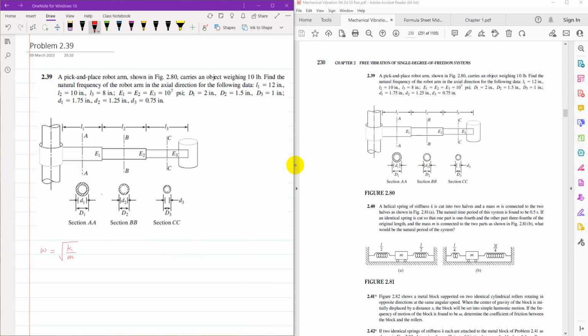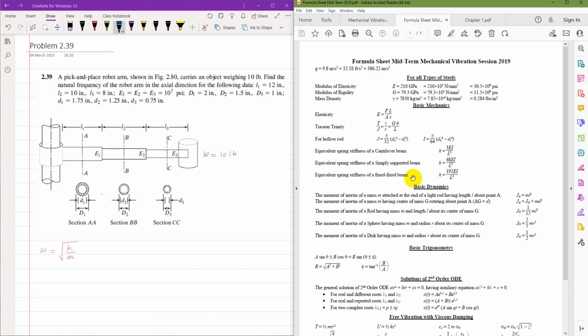The object's weight is 10 pounds. So from the weight, mass can be calculated, and then the stiffness of each hollow shaft in the axial direction can be found using the modulus of elasticity.